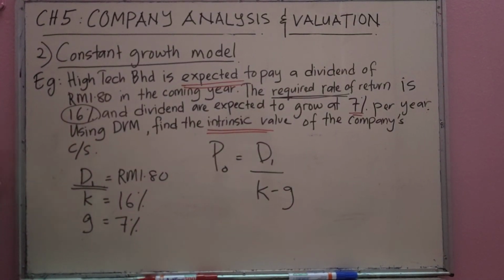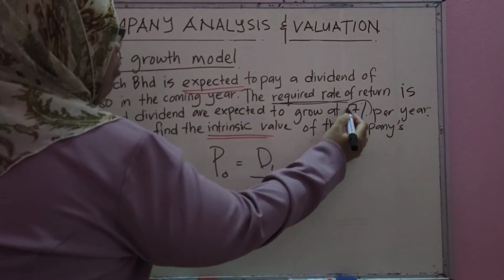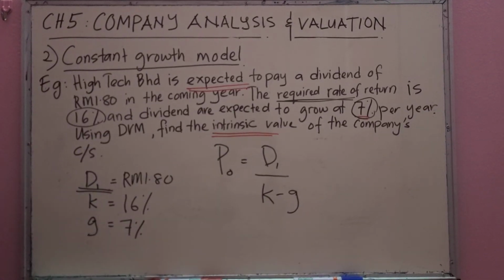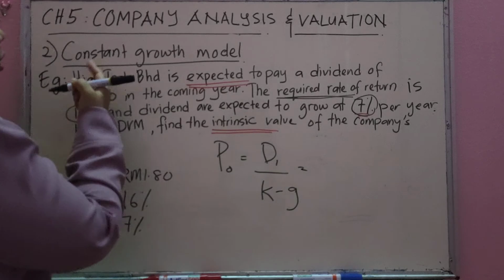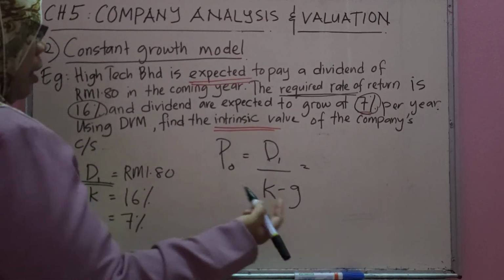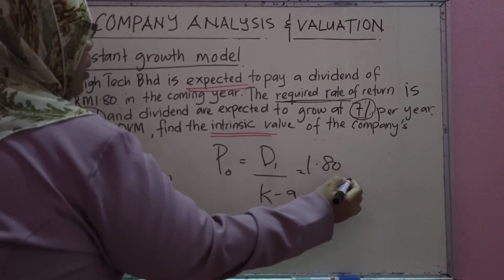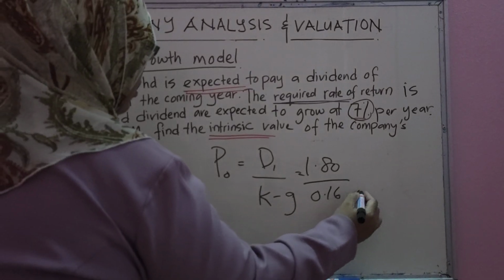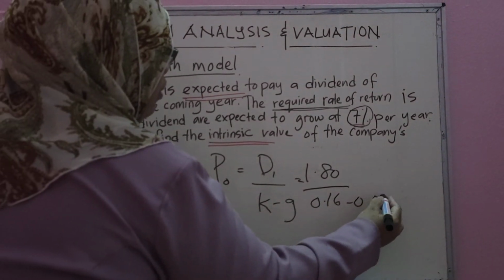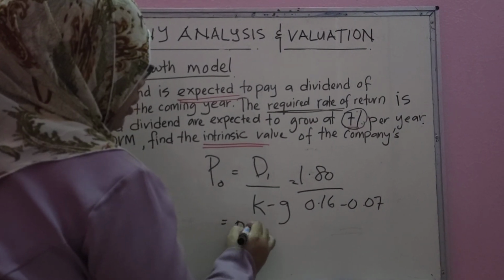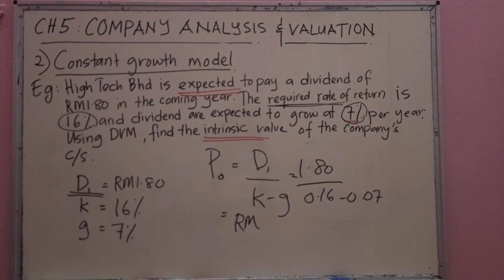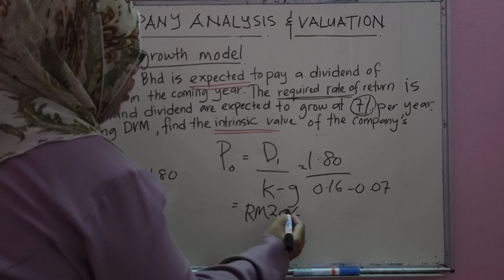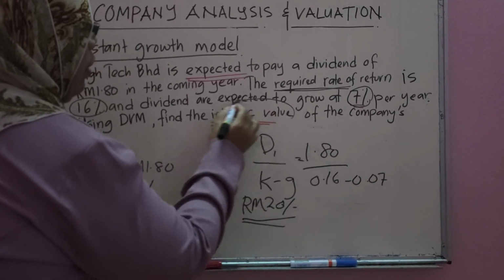By the statement itself, you know that the growth rate of the dividend is constant throughout the years, so that's why we are using the constant growth model formula. We just plug in the figures: 1 ringgit and 80 cents divided by 0.16 minus 0.07. Use the calculator, and once you calculate it, you should get 20 ringgit. This is the intrinsic value of the stock.